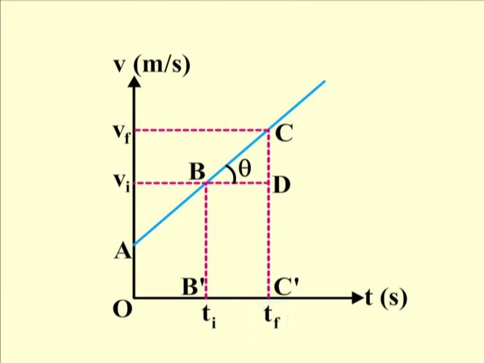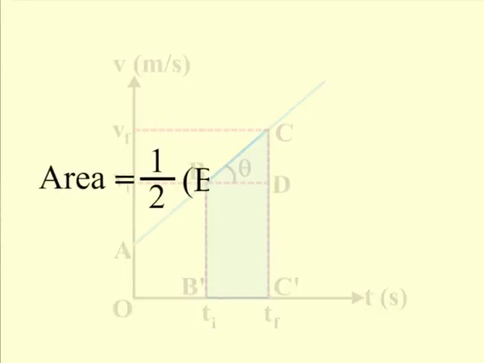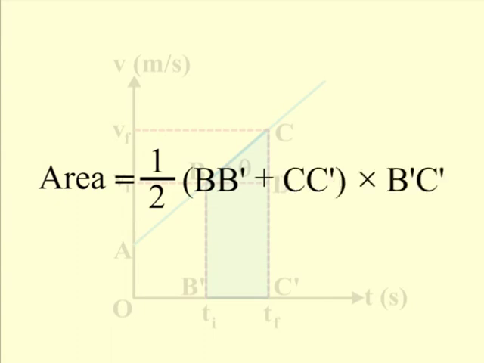Therefore, the distance travelled is equal to the area of trapezium BCC'B', which is equal to half the sum of parallel sides multiplied by the shortest distance between the two sides. Therefore, the shaded area is equal to half of the sum of BB' and CC' multiplied by B'C'.